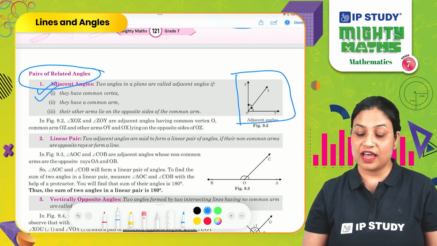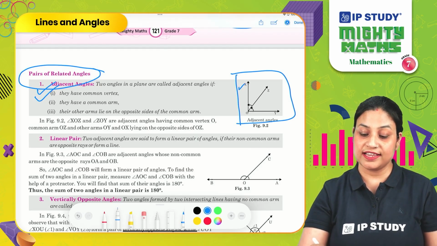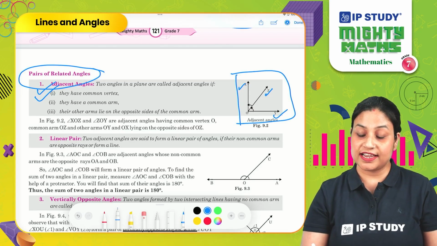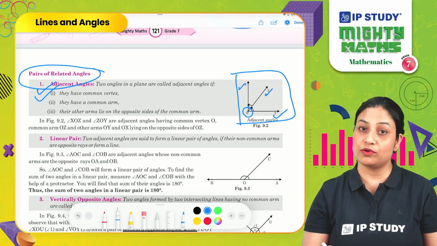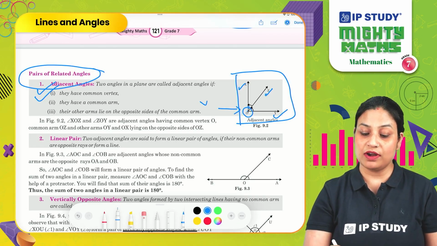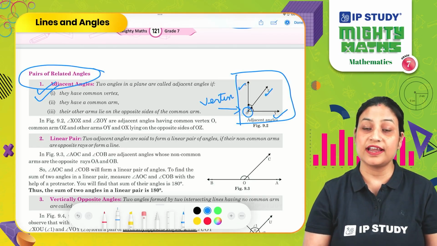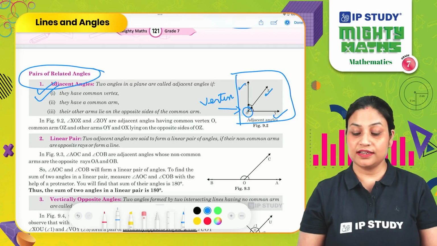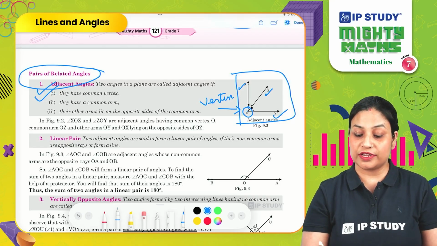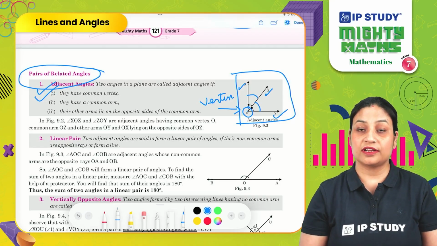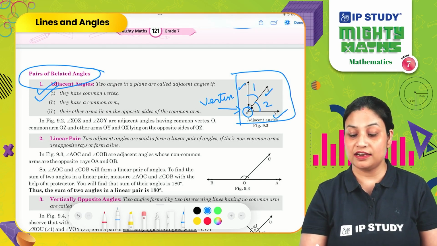Here we have three rays, ray OX, ray OZ and ray OY. These three rays are connecting at a common point, that is O. And I told you the common point is called the vertex, right? Now we can see two angles over here, this one and this one. Let's say this is angle 1 and this is angle 2.